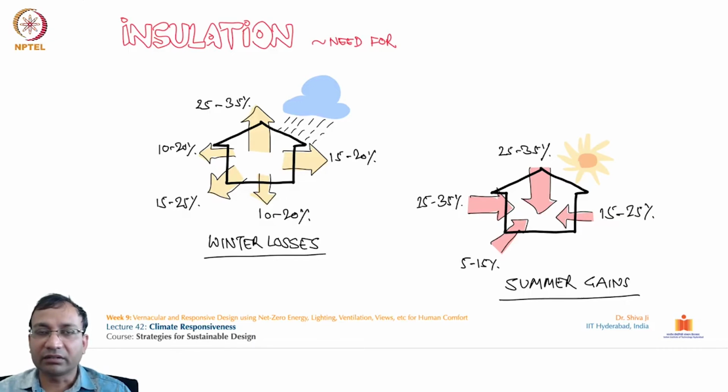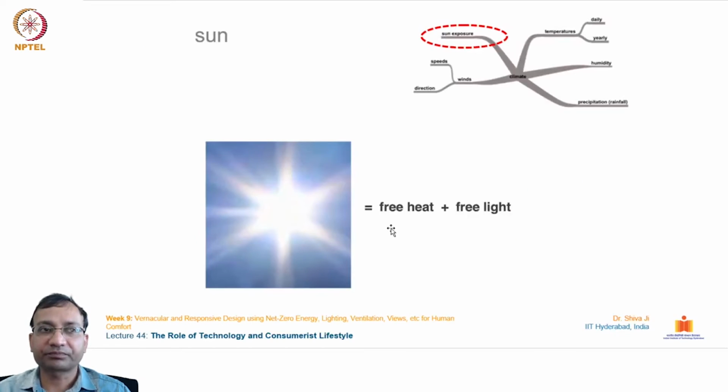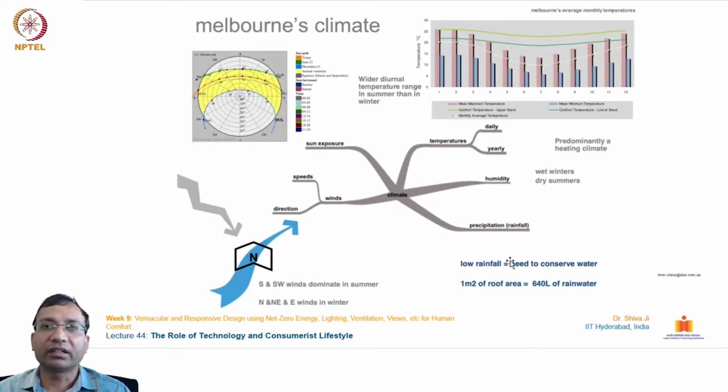And while doing so, we can minimize the consumption of energy. Further, the sun gives us free light, free heat. So how well we can utilize it, and in those months when we do not want it, how well we can avoid it, by choosing strategic methods.